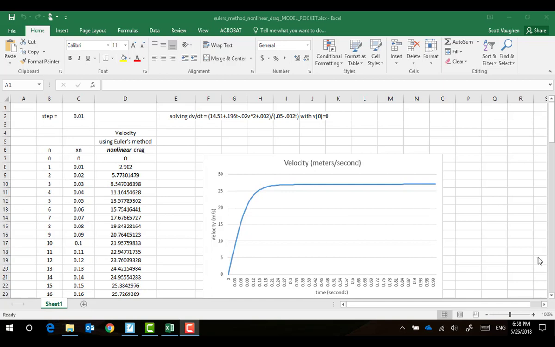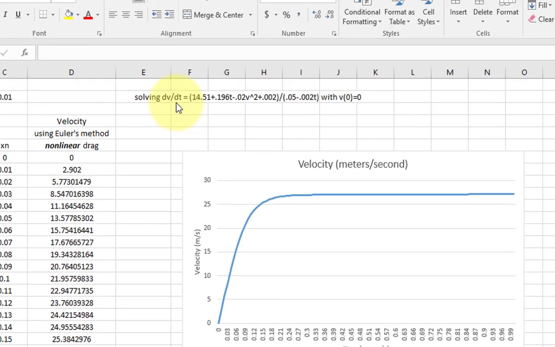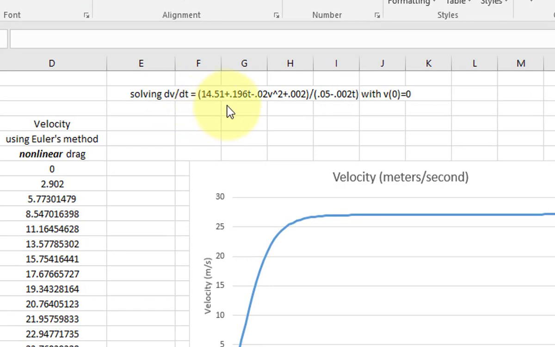And you can see that I have here isolated dv dt, the acceleration of the rocket, which is the change in velocity over time. And it's expressed in terms of the velocity, in terms of all the forces and change in the mass. And so this was the differential equation that we're solving for the velocity over time, given this initial velocity at time 0 is 0.